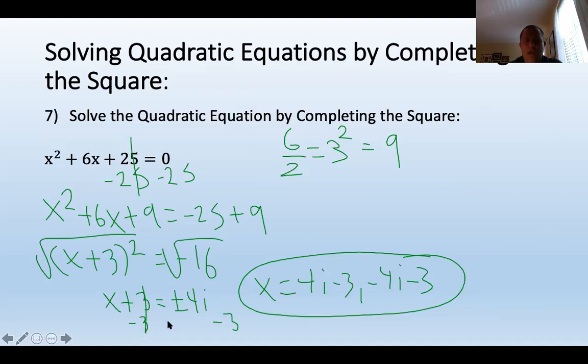We would subtract 3 from each side, and we would be left with x equals plus or minus 4i minus 3, and we need to write those as two separate answers, one with a plus and one with a minus. So this is x equals 4i minus 3, comma, negative 4i minus 3.